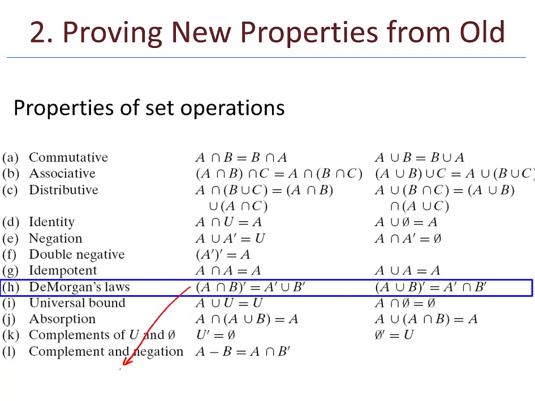In logic, we had something like not (P and Q) is logically equivalent to not P or not Q. And we also had the other part in De Morgan's laws, not (P or Q) is logically equivalent to not P and not Q. So there are some really interesting tie-ins that are coming about here with sets and logic.